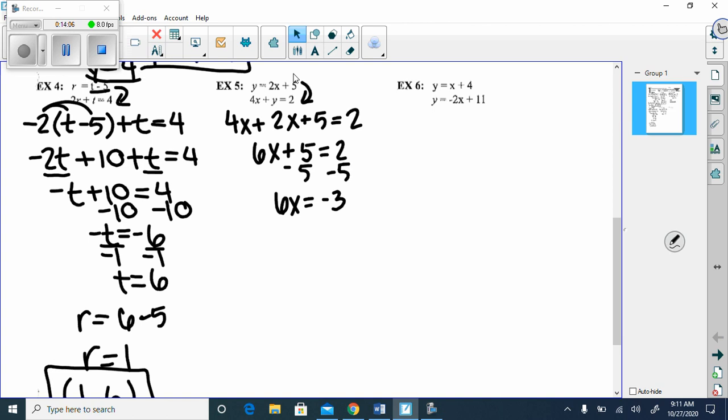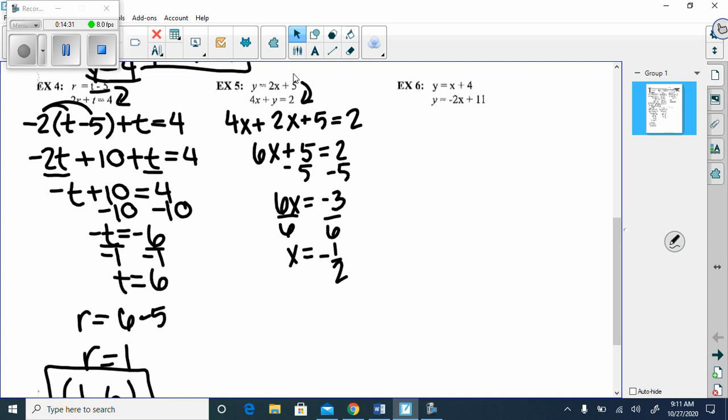And then what do we do? Good. Which is going to simplify to negative a half, or negative 0.5, right? Make sure that you write your final answer as a fraction if you convert it to a decimal when you're solving, okay? All right, and then I just plug this into either one of those equations at the top.